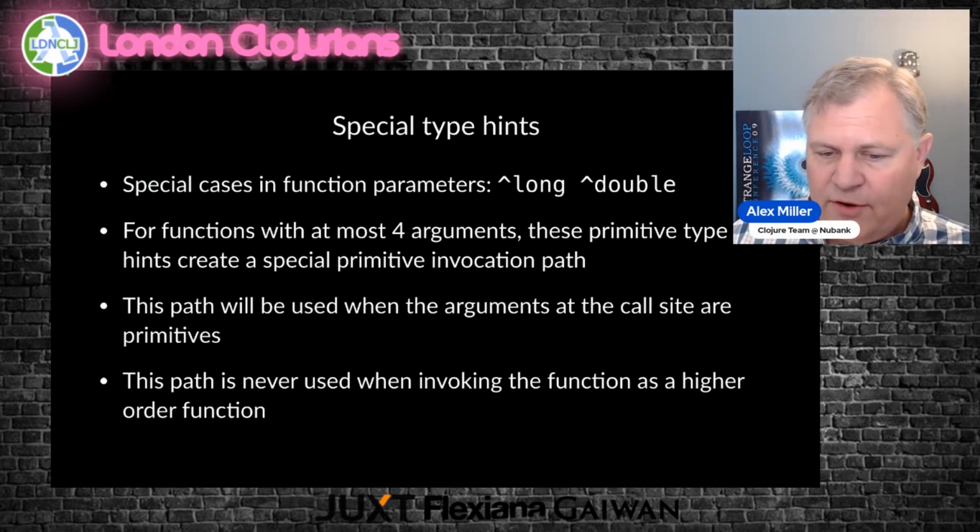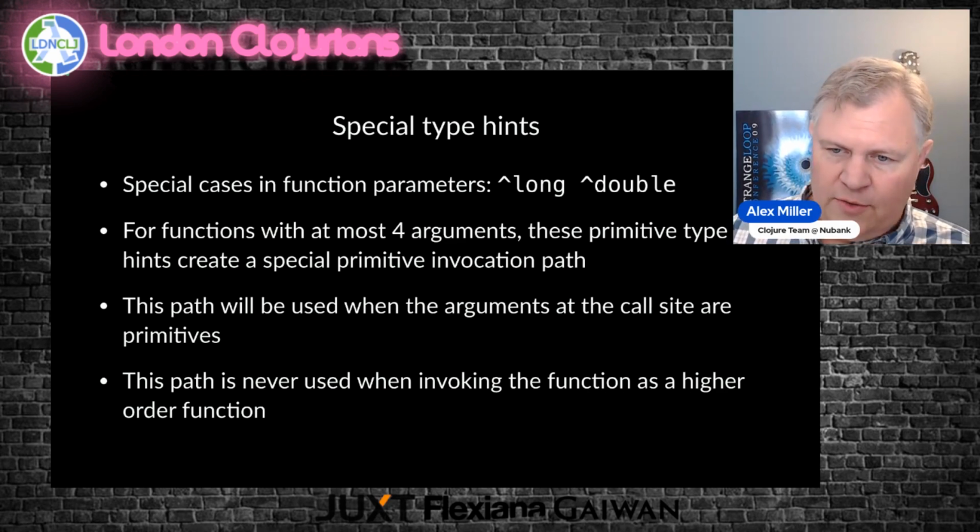The path is never used when you're invoking the function as a higher order function. So it's very important that if you make a function that has a primitive invocation path, and then you map it over a collection of integers or something like that, we're always going to be using the object path, which still exists.